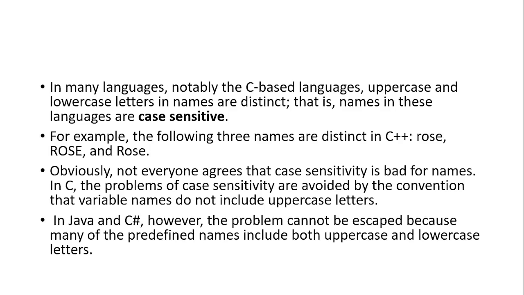But in languages whose variable names are case sensitive, although rose and Rose look similar, there is no connection between them. If they look the same, they won't be the same. And obviously, not everyone agrees that case sensitivity is bad for names.